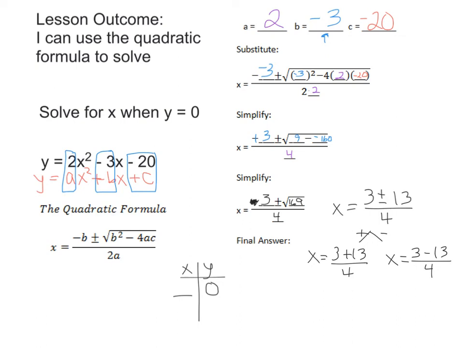Now, you also have to be very, very careful with your calculator at this step. Okay, because if you use a calculator and you type 3 plus 13 divided by 4 all out on your calculator together, you are going to get the wrong answer. Okay, if you type 3 plus 13 divided by 4, the calculator is going to do the division first because that's the order of operations, because it can't tell where you have parentheses or what you want to be done first, which in this case is addition.